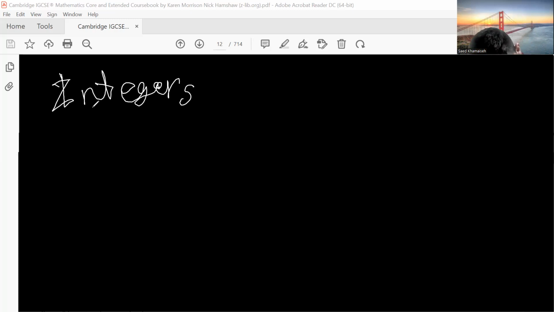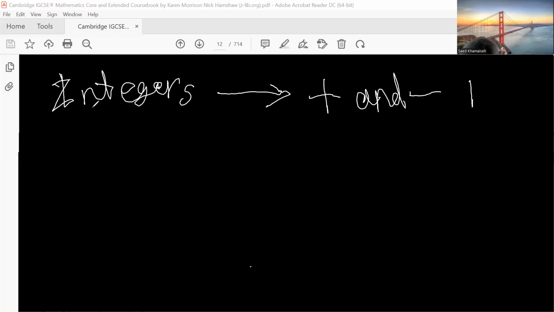Integers: here positive and negative, including zero.